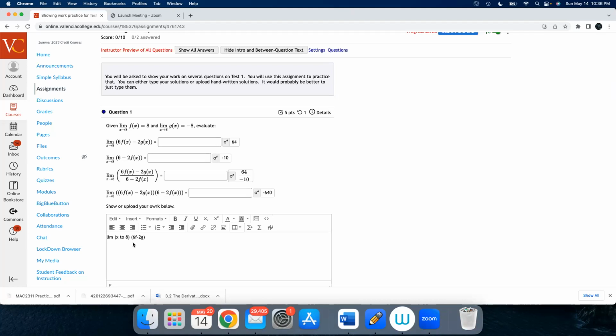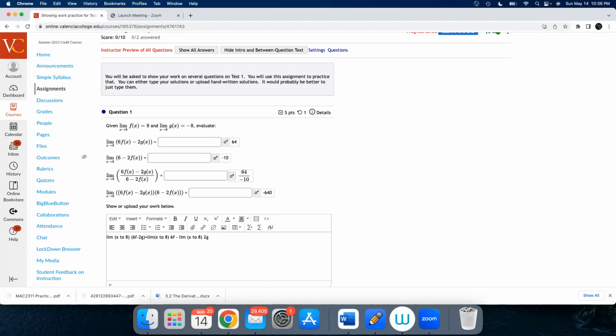Those are all implied. Equals, and then you would distribute that limit. So you would write limit as x goes to 8 and distribute 6f minus limit x goes to 8 of, what was it, 2g.